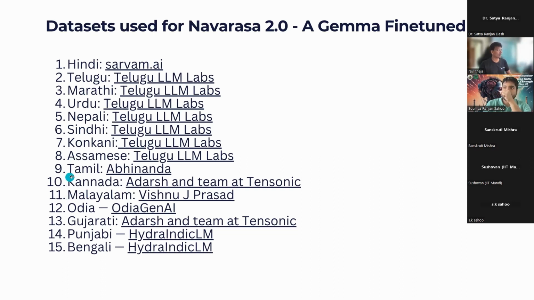And then for other languages like Tamil, Abhinandan has created some datasets, and for Kannada, others from Tensonic have created some. For Malayalam, Vishnu J. Prasad. And for Odia, we have taken what the OdiaGenAI community has created. And Gujarati as well, others created. Punjabi and Bengali, Hydra and Indic LLM people have created.